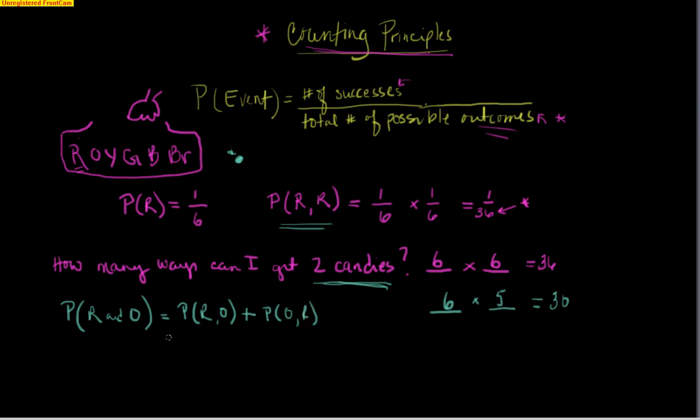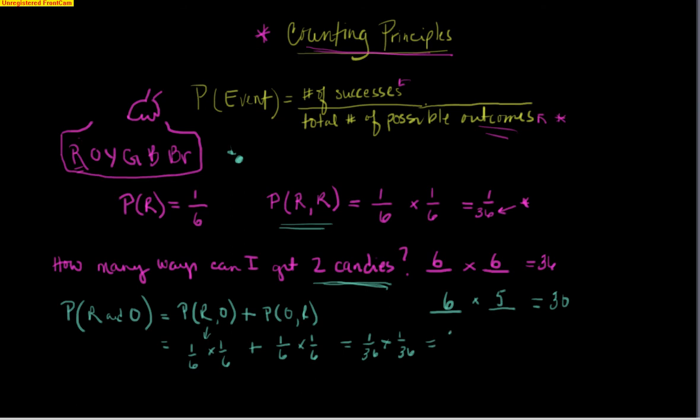Now I'm thinking about the top number, but the bottom number is going to still be that 36, and you'll see why, because this first event, the probability of getting that red one is 1/6 times 1/6, plus the same thing again, 1/6 times 1/6. So we end up with 1/36 plus 1/36.